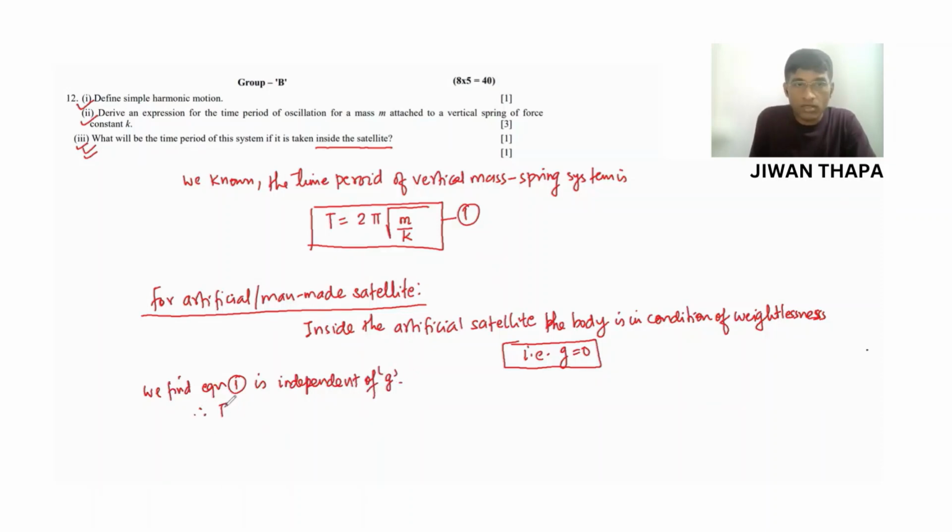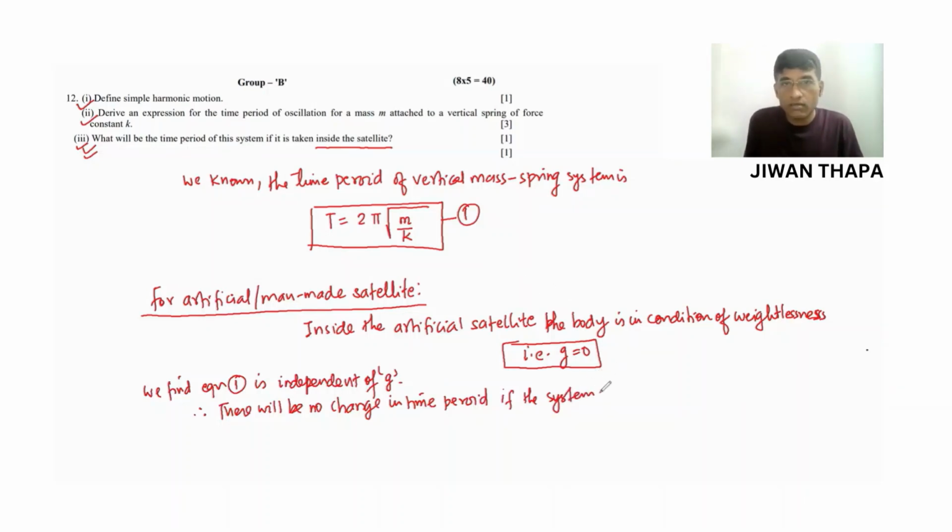Therefore, there will be no change in time period if the system, that is the vertical mass spring system, is taken inside the satellite. By satellite we mean man-made satellite, or artificial satellite. So we have this.